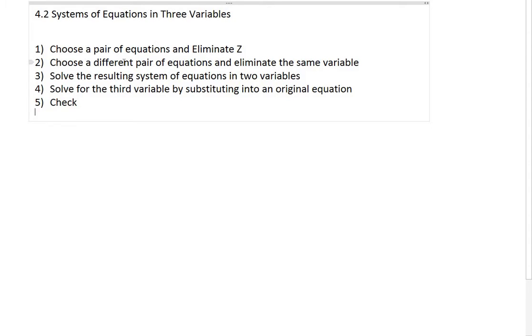Step 2, choose a different set of equations and eliminate the variable again. Now you have 2 equations in 2 variables, so you can solve the resulting system of equations in 2 variables. Then to solve for the third, you just plug those 2 values, x and y, into one of the original equations. Of course, the 5th step, highly recommended, although not required, is to check.